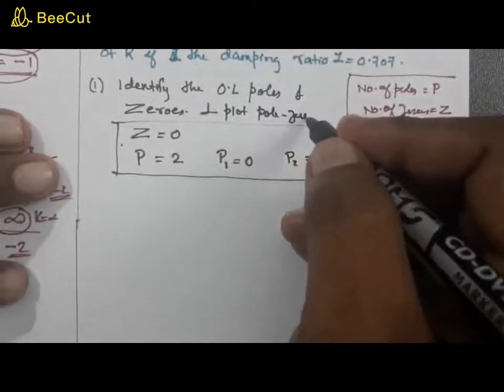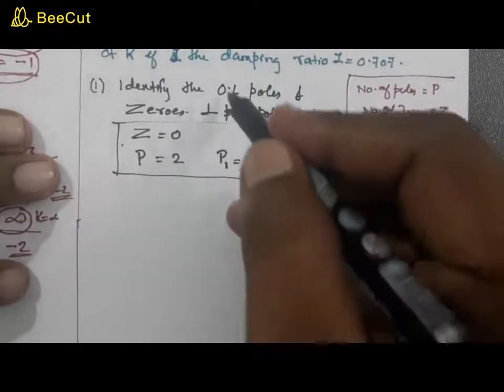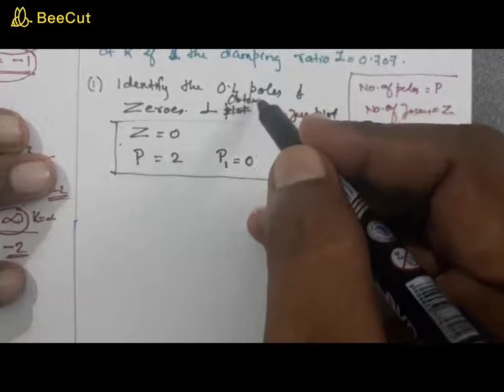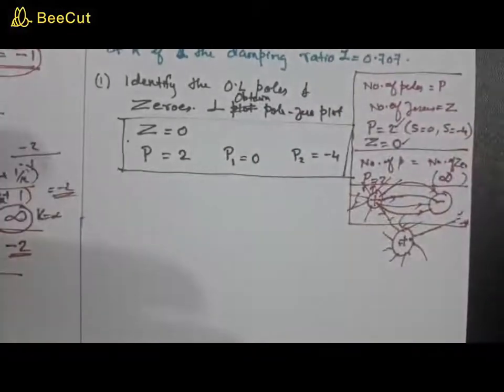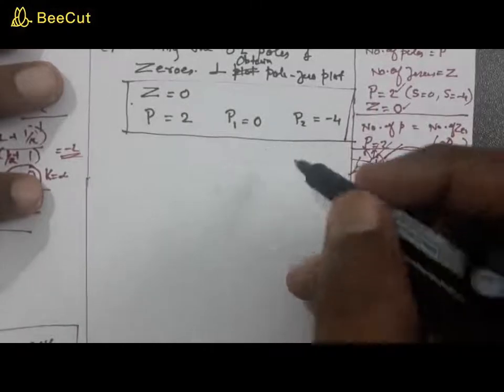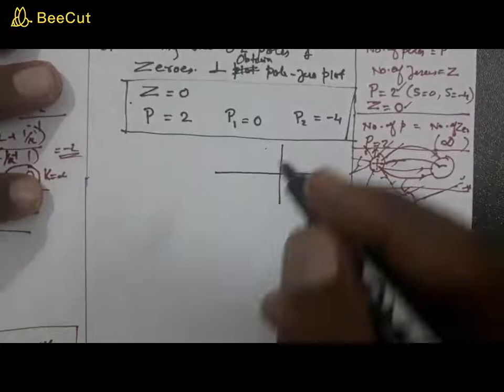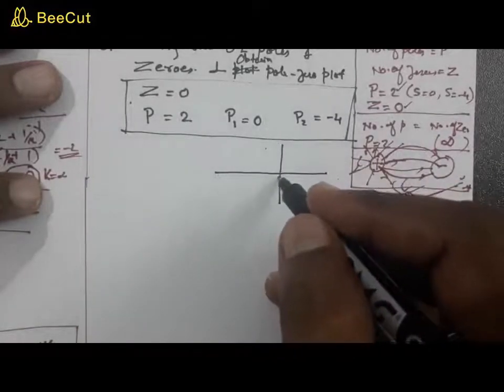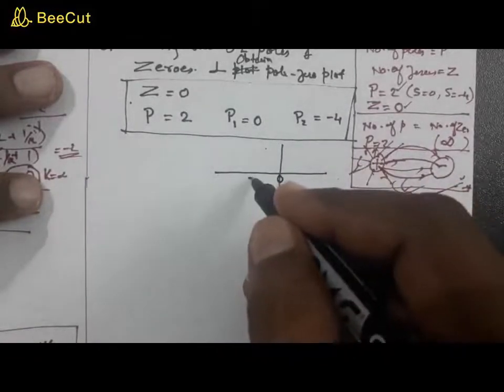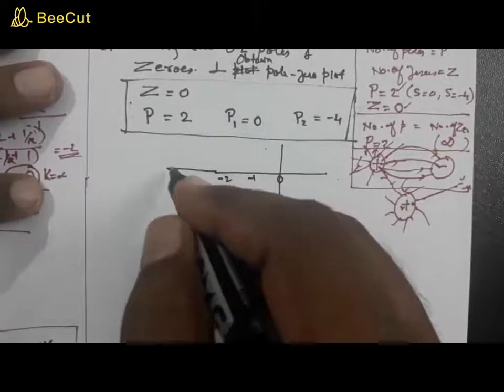Obtain the pole zero plot. Okay, this is very simple. In a normal graph sheet, what you can do is mark one as 0, the others as minus 1, minus 2, minus 3 and minus 4.